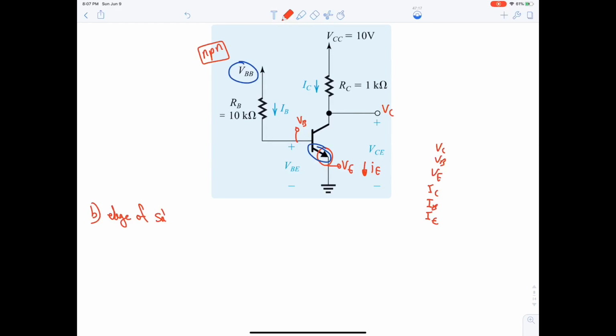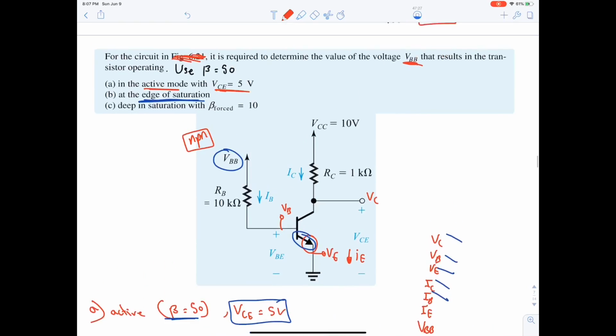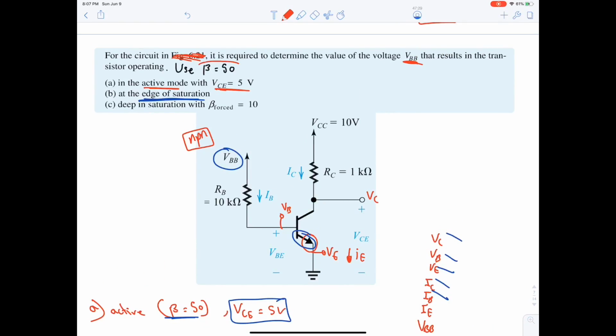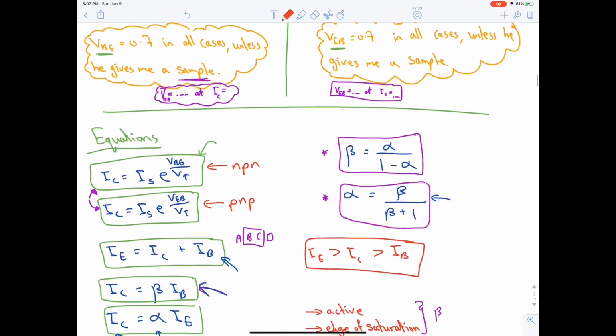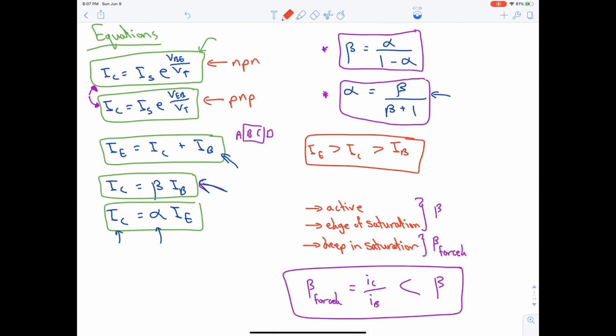Now in edge of saturation, what do we know? We know that beta is the same, right? We can use the same beta as in active, which is 50. Why is that? Because it was written here. Beta is the same in active and edge of saturation.